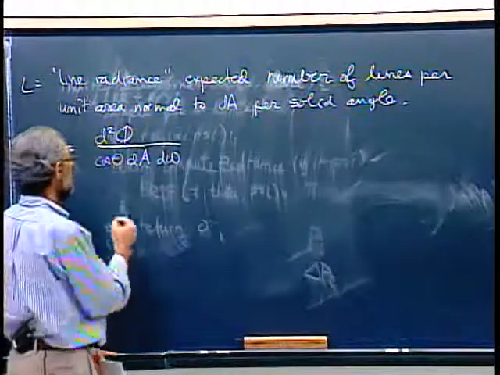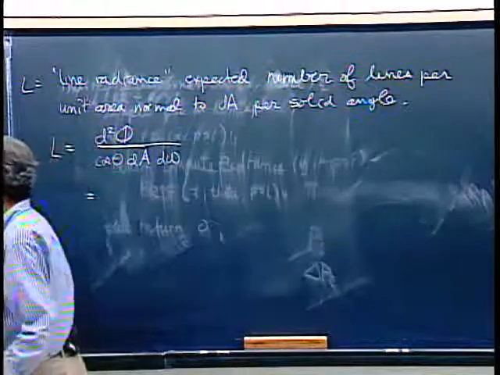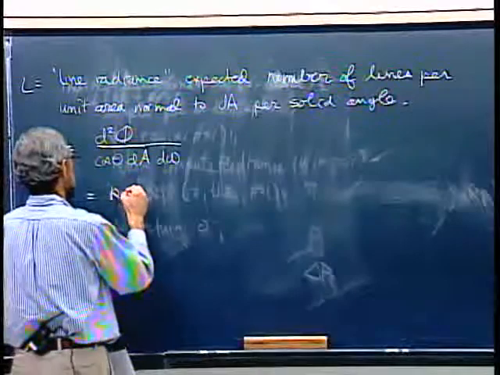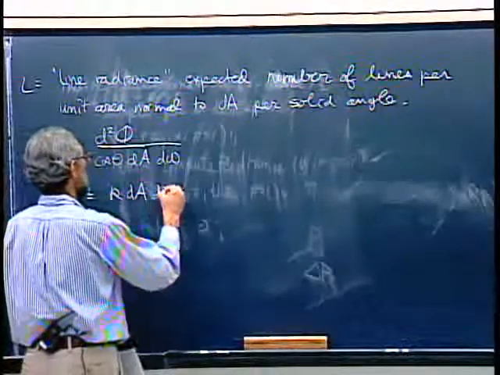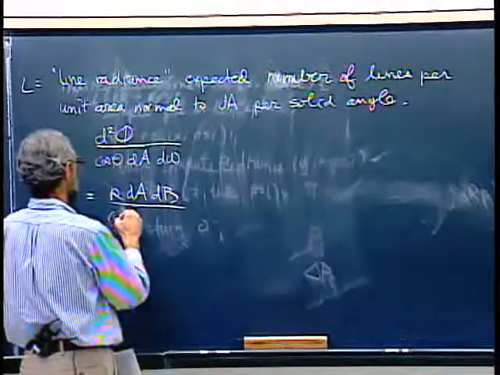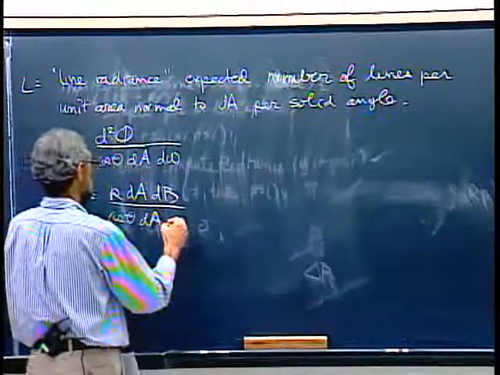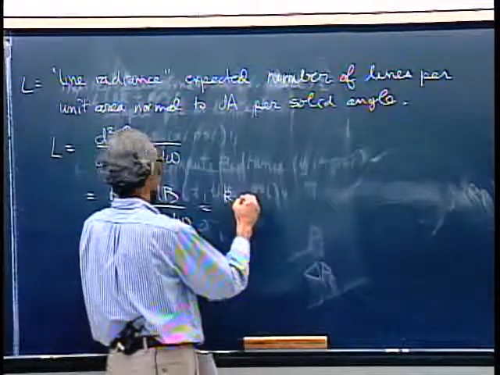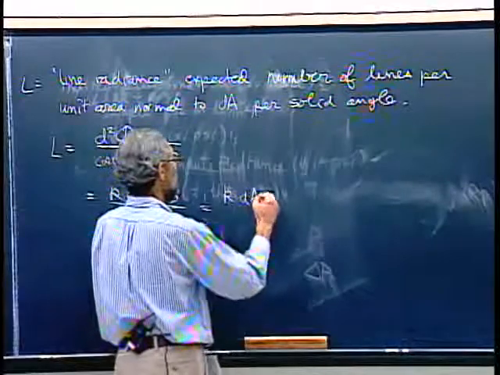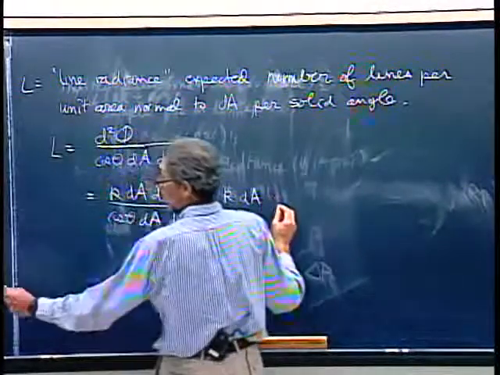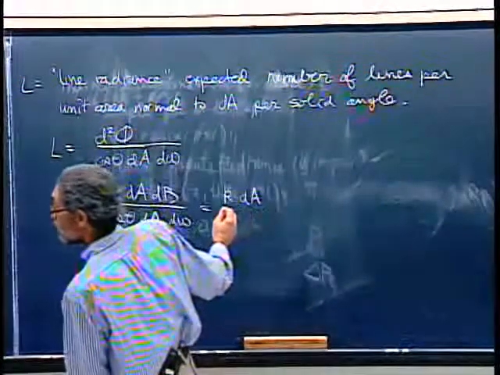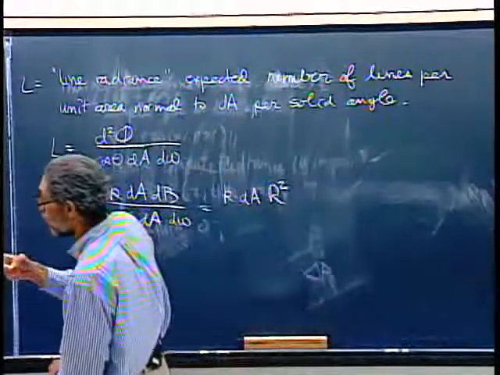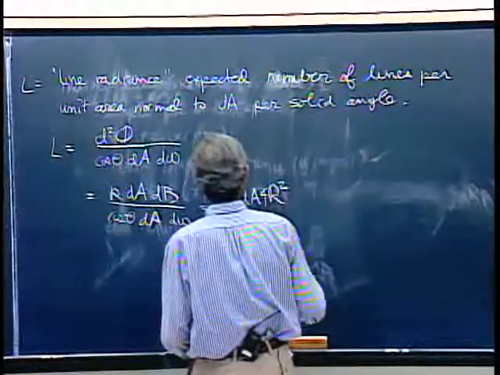And now in this formula, I'm going to use my d squared phi from here, which is k times dA times dB over cosine theta dA d omega. And now, in the numerator, I'm going to replace dB by the formula I had over there. Let me group two terms, r squared for the two r's, and a 4 for the two 2's.